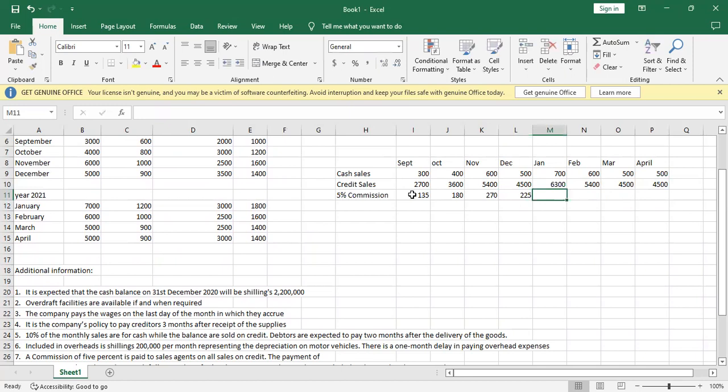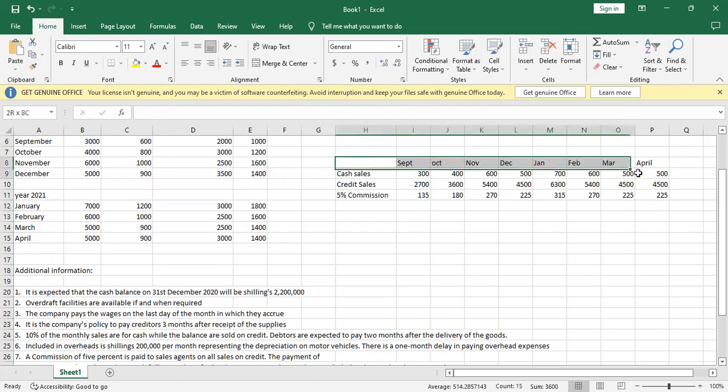Can you confirm these figures? 5%, 315. 5%, 270. 5%, 225. 5%, 225. So I've been able to get that, right?